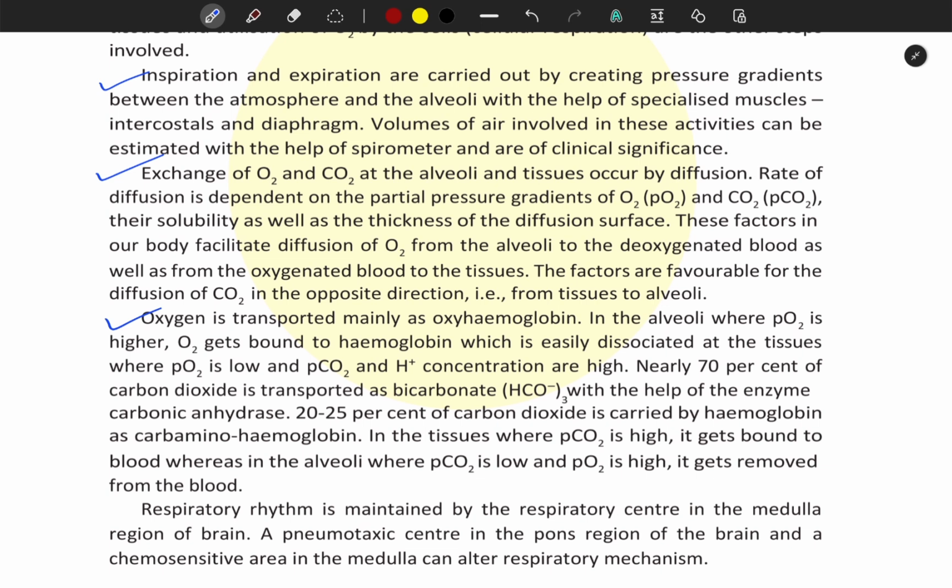Nearly 70% of carbon dioxide is transported as bicarbonate, that is HCO3- ion, with the help of the enzyme carbonic anhydrase. 20 to 25% of carbon dioxide is carried by hemoglobin as carbaminohemoglobin. In the tissues where PCO2 is high, it gets bound to blood, whereas in the alveoli where PCO2 is low and PO2 is high, it gets removed from the blood.